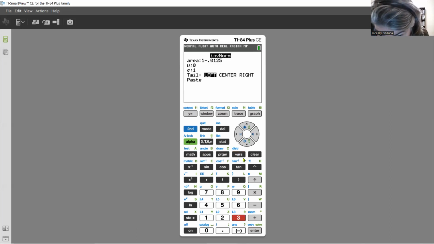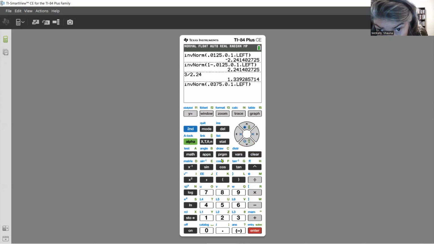I'm going to clear this out and put in 0.0375. Again, I'm in the left tail, and I paste it, and I have negative 1.78 as my z, negative 1.78.